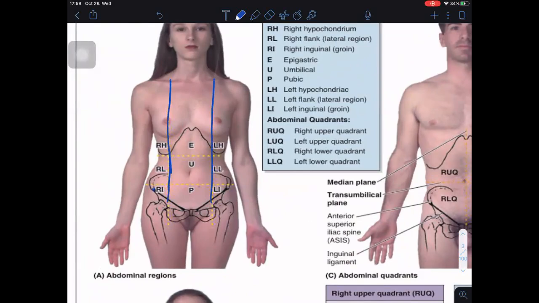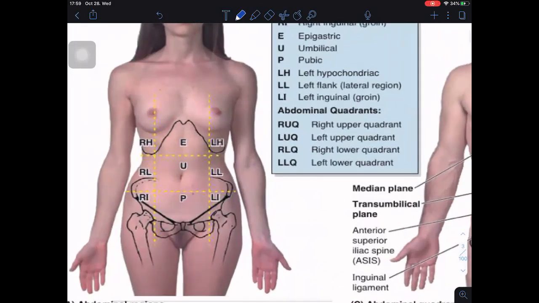That means if you run from the anterior superior iliac spine all the way toward the pubic symphysis, halfway between them is the mid-inguinal point. So these are the two sagittal lines that you can use to give the divisions to the abdomen. From the other side, there are two other horizontal planes that we can use to help us with the divisions.